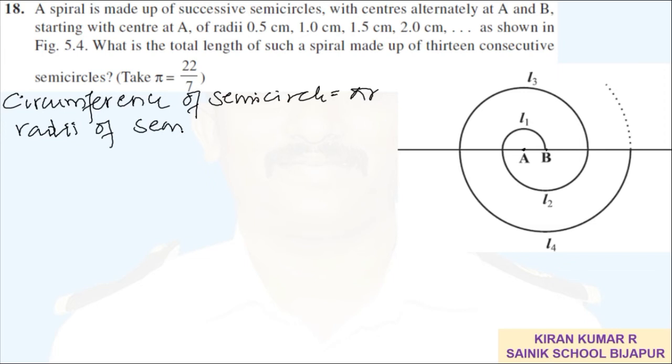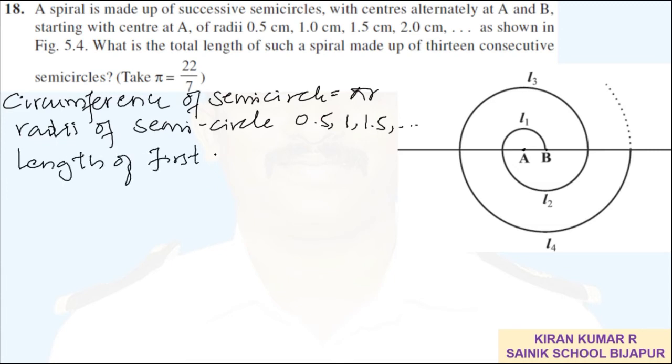They are given as 0.5, followed by 1, next is 1.5, and so on. Length of the first semicircle, I'll name it as L1, will be pi into r. r being the radius, so 0.5 pi.